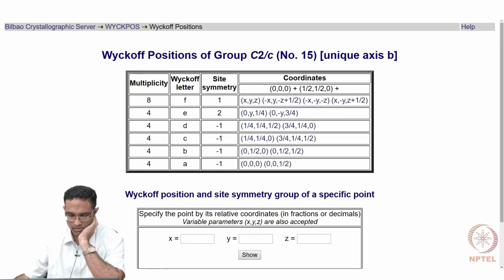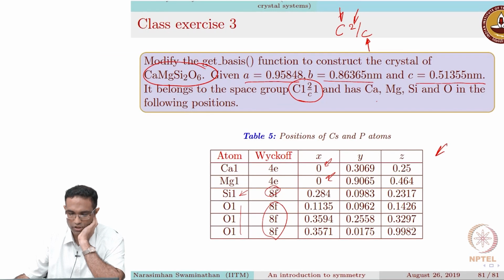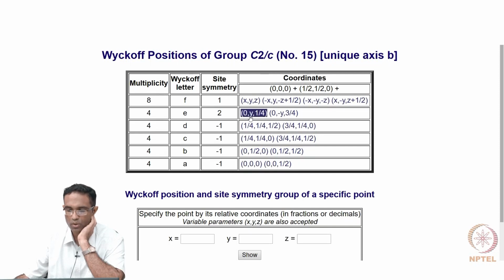So the first thing is that calcium is present in position 4e. So it's 0 y quarter and 0 minus y 3 by 4, right?